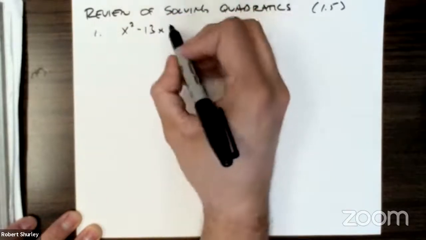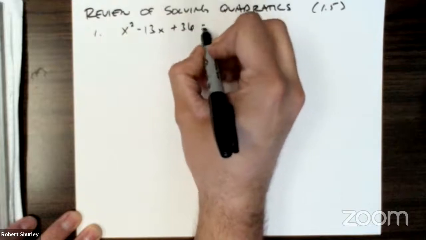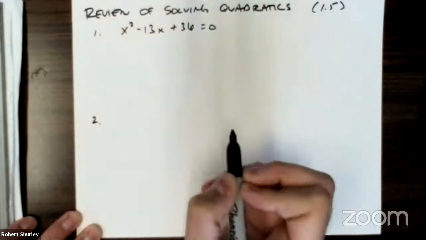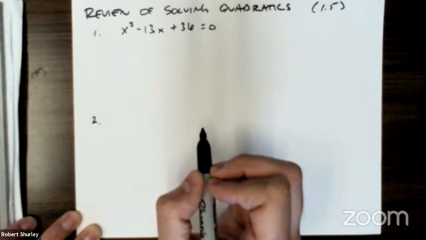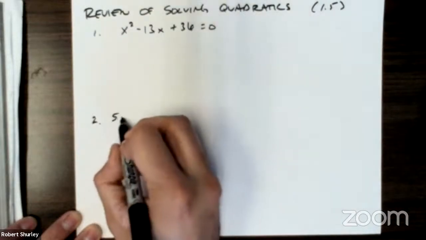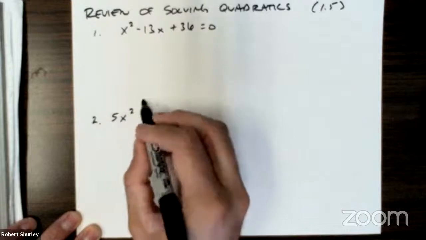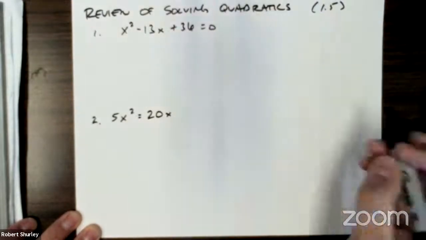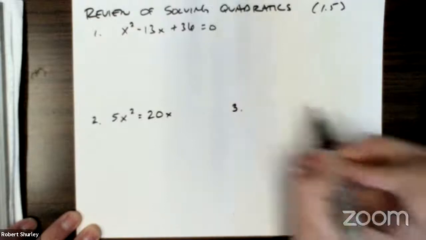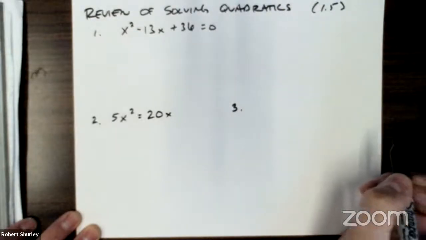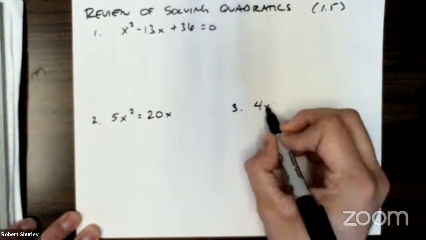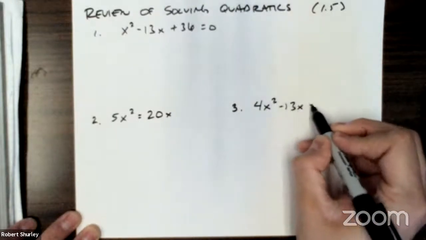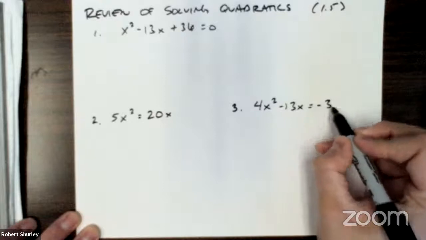For number 2, let's do number 10: 5x squared equals 20x, I'm changing it up a little bit. And then number 3, let's choose number 8: 4x squared minus 13x equals -3.